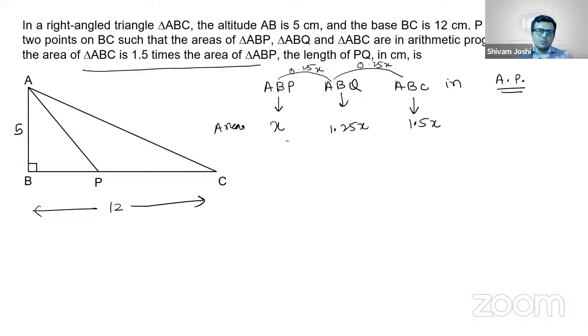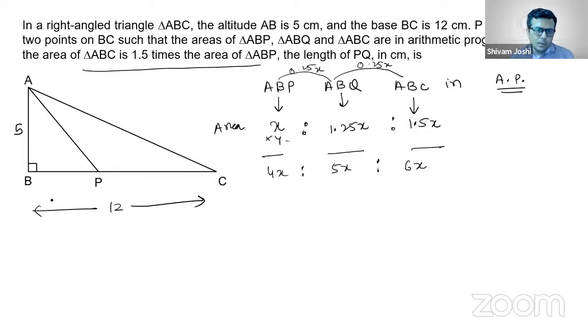Now, instead of keeping X, 1.25X and 1.5X, if I make an attempt to convert everything into integer, I can multiply this with 4, right? It's ultimately the ratio that I'm taking. So instead of X is to 1.25X is to 1.5X, I can multiply everything by 4 and write the ratio in a slightly better manner, which is 4X, 5X, 6X.